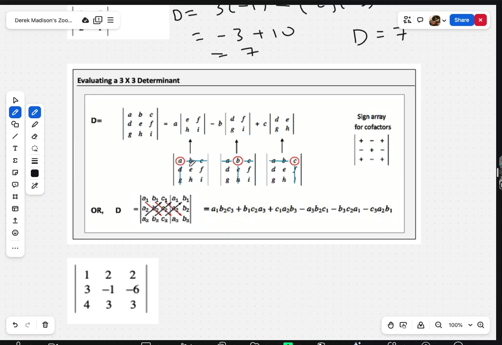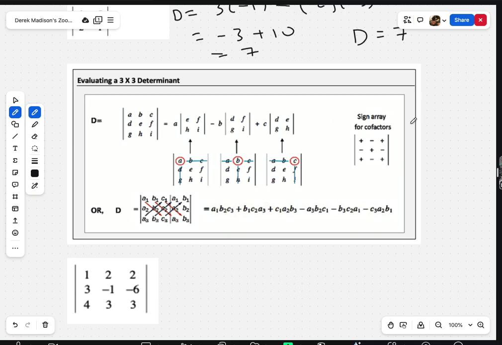The way that we find that is what I have down here, where if you draw a vertical line and a horizontal line through A, its minor would be the stuff that isn't crossed out. So we're going to go A times the 2x2 system like we just did. And then we're going to work across to B, and same thing, we cross it out, and so its minor is these ones at the edges.